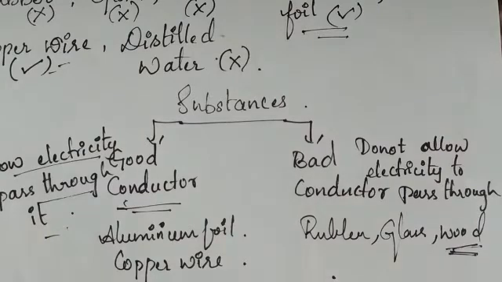Now, how are we going to test these substances? For example, I have said rubber is a bad conductor of electricity, glass is a bad conductor, and copper wire is a good conductor.